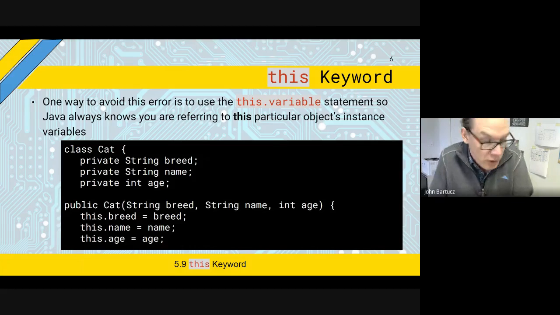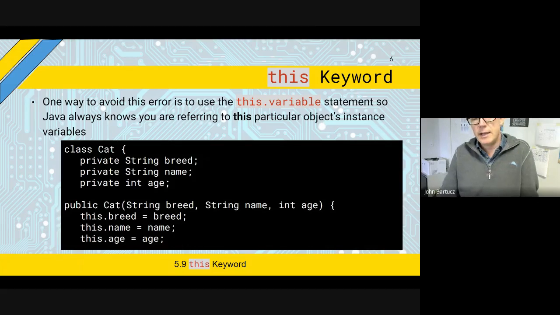When you make your constructor, you also pass in the variables breed, name, and age, confusingly enough. If you just said breed equals breed, that would be really confusing. Java would know what you meant, but by saying this dot breed, you're specifically saying this one in this object right now.